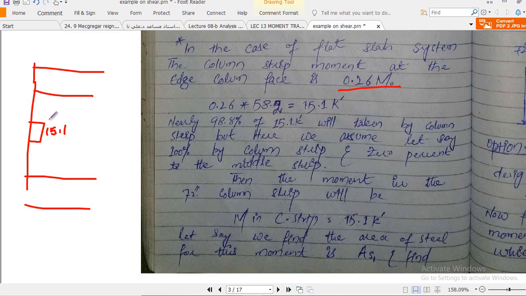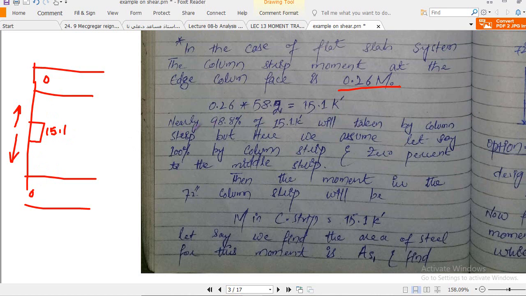And then we further assume that we have to transfer this moment in the lateral direction. You must know this kind of procedure at this stage. So in the case of the exterior column, we assume that 0% moment is transferred to the middle strip. This means that we assume that 100% of the moment is absorbed in the column strip.